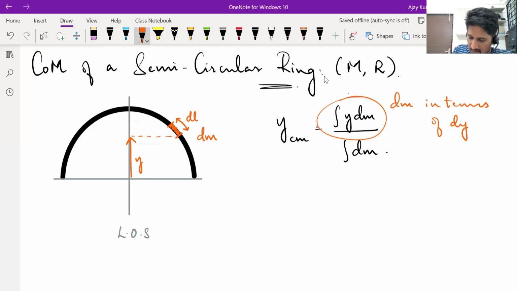But you can't call its length as dy because this is dy. dy means change in y. So you can't call that slant length as dy. You have to call this vertical length as dy.